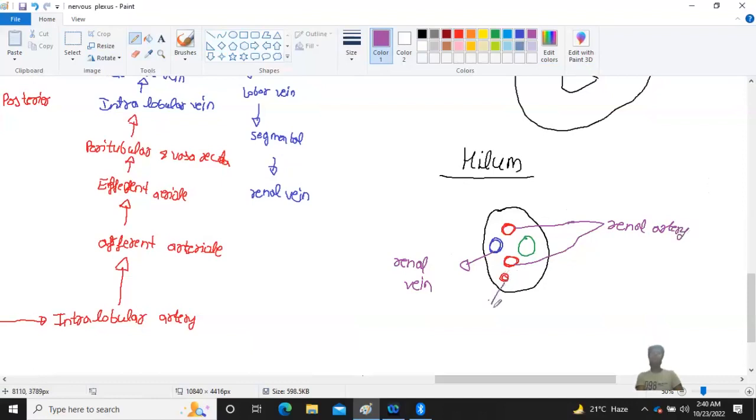This is called the subsidiary artery. It is a branch of the renal artery, accessory renal artery branch, subsidiary artery, branch of the renal artery, and the renal pelvis basically.